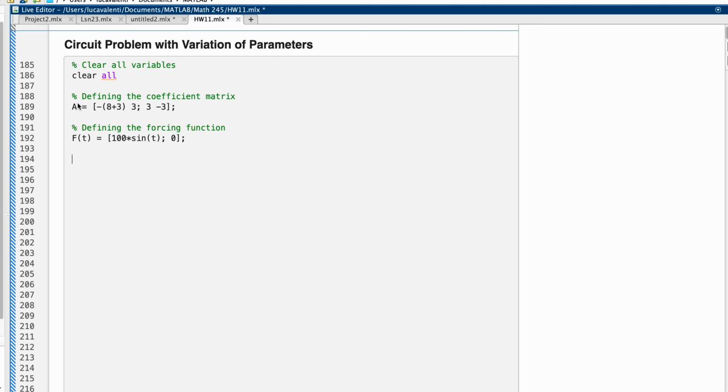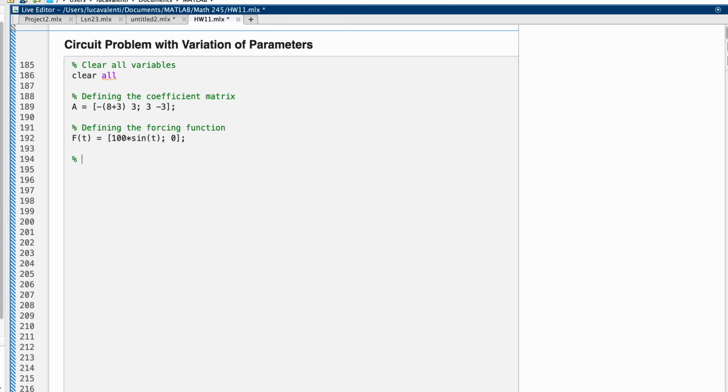Now we have defined our matrix and our forcing function. Let me double check: 8 plus 3 here, negative, divided by 1, and 3 divided by 1, 3 divided by 1, and negative 3 divided by 1. And then here 100 sine of t divided by 1.